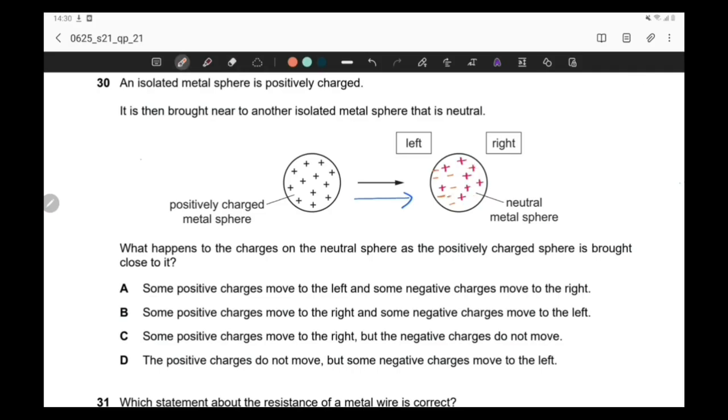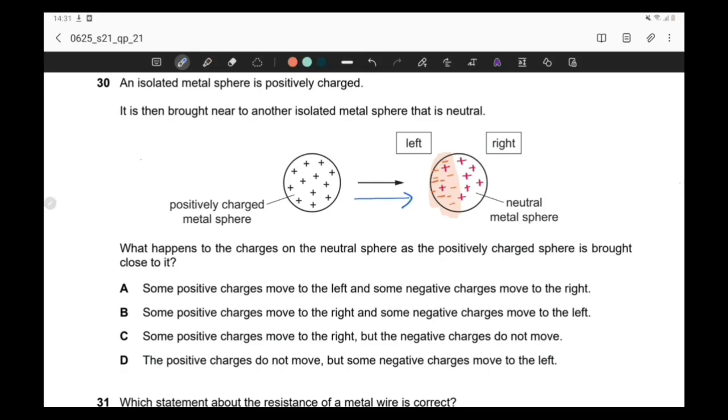So electrons present at the right side of the sphere will also come to the left side of the sphere, but protons will stay in the same place. You can see the electrons will move towards the left, that is close to the positively charged sphere, due to the electrostatic force of attraction between opposite charges. This is what happens. So we can check the options now.